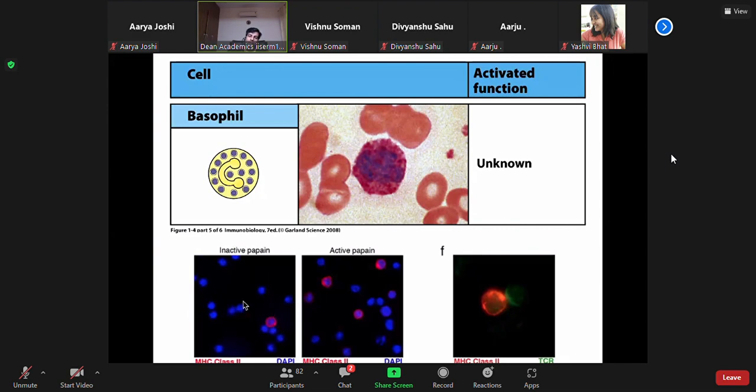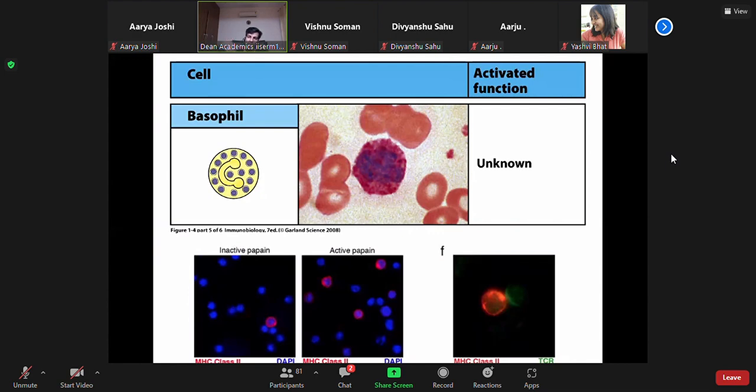Anyways, these cells were expressing MHC class 2 on their surface, and when you fed these basophils with active papain, more and more of these cells started upregulating MHC class 2. One other thing you can clearly make out from this slide is that the staining for MHC class 2 is not throughout the cytosol and elsewhere.